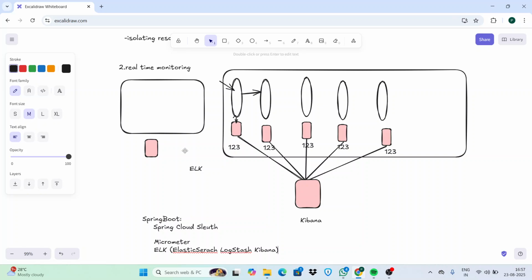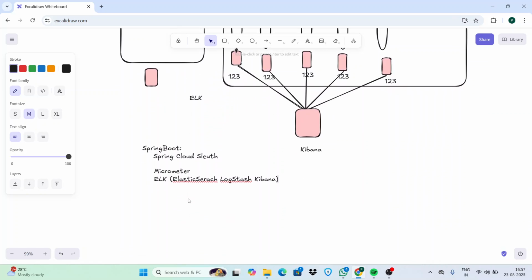If the failure is because of system metrics, we can scale it ahead of time, so that the failure will not come in the future. So this is real-time monitoring.